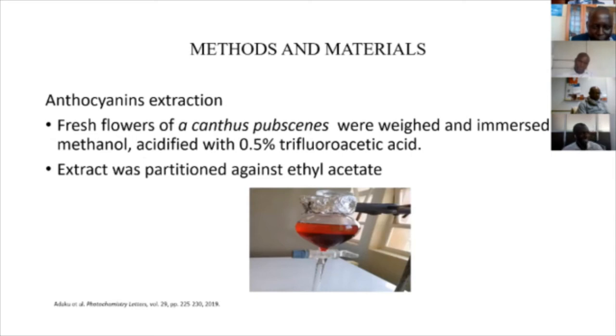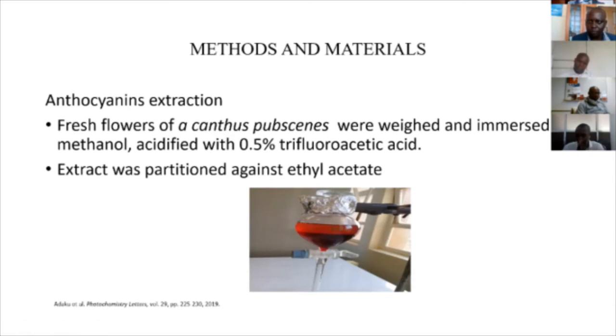His question is how did I prepare the standard curve and how did I purify? I'll take you back through the process of extraction. Here I macerated fresh flowers of Acanthus pubescens in methanol, which was acidified with 0.5% trifluoroacetic acid.